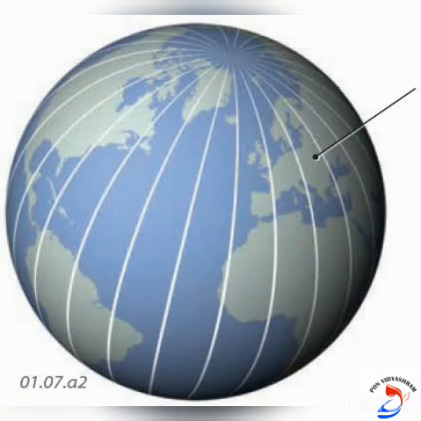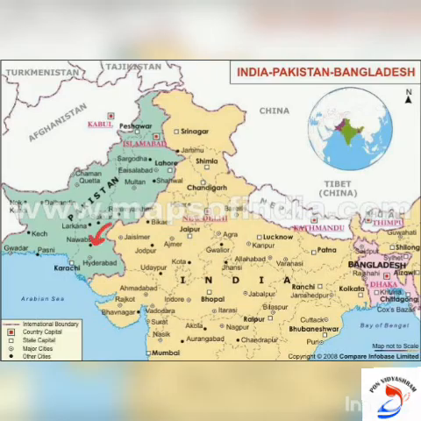So to fix the position of a place, it is necessary to know something more than the latitude of that place. For example, Hyderabad and Allahabad are situated on the same latitude: the Hyderabad in Pakistan and Allahabad in India. These places are situated at 25 degree 25 minute north.